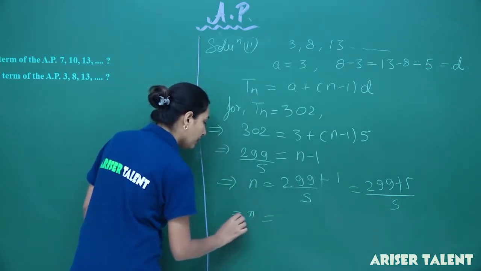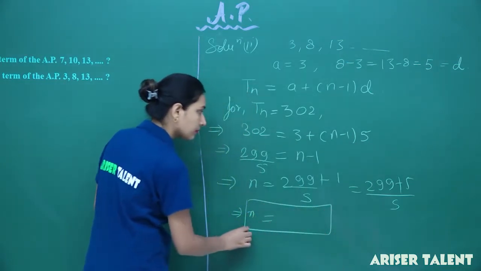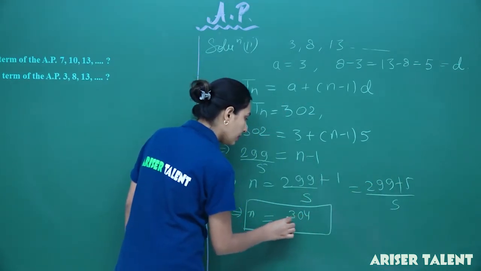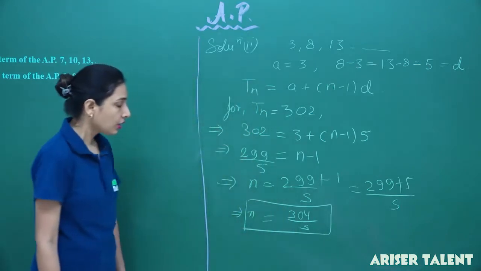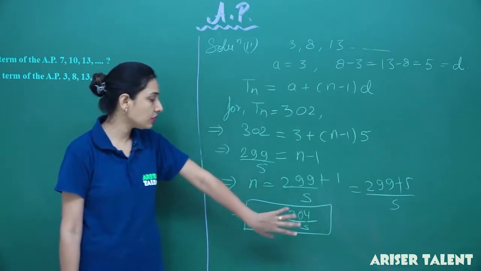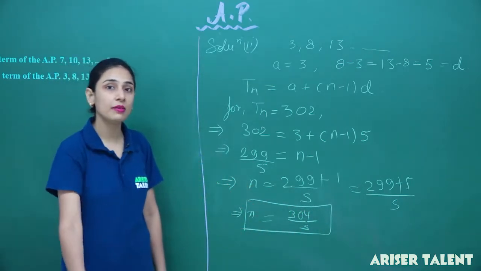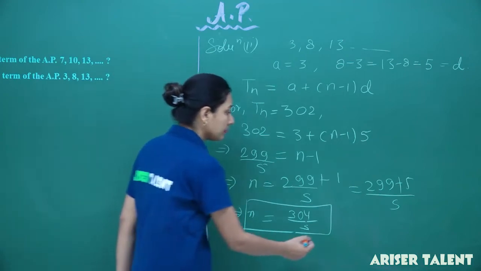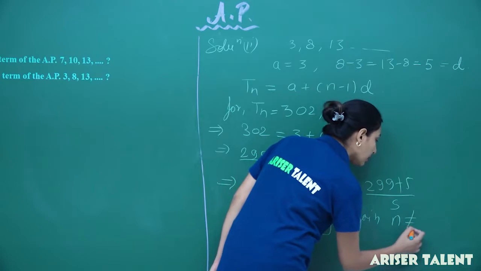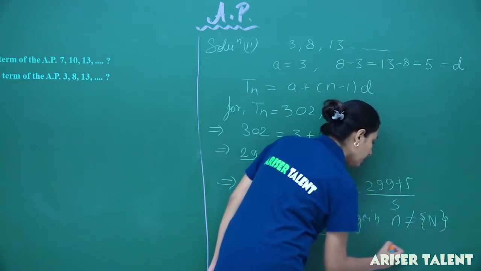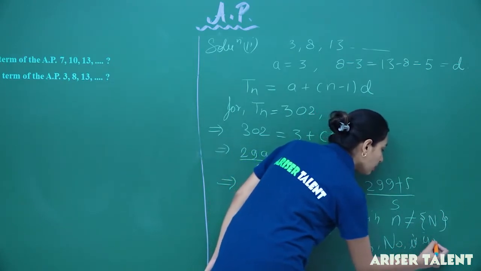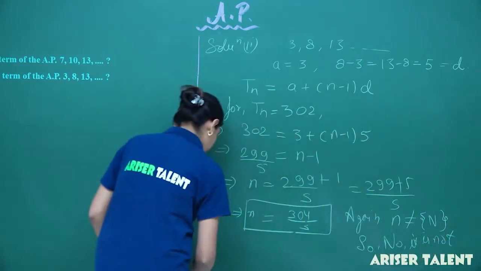So the value of n will be 304 by 5. Now you can clearly see the last digit is not 5 and not 0, so 304 is not divisible by 5 in any way. Again, n does not belong to the natural numbers. So no, it is not a term.